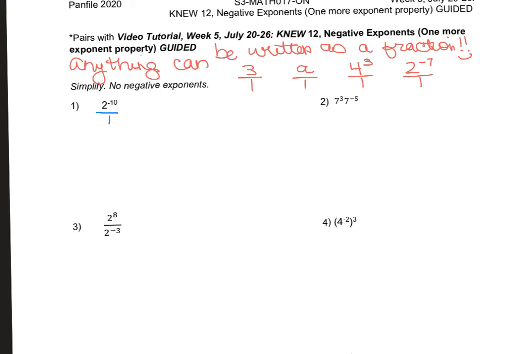Now, when we have a negative exponent, that negative exponent is not happy, okay? So negative exponents are not happy, and we need to make them happy. When you are not happy with where you are in life, you make decisions. Say you're not happy in your job, you change your job. You're not happy with your relationship, you find a new relationship.